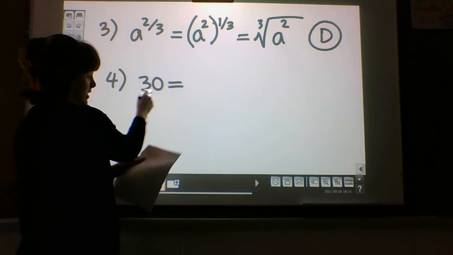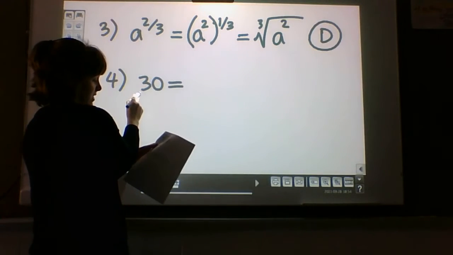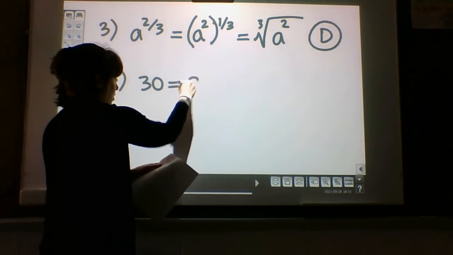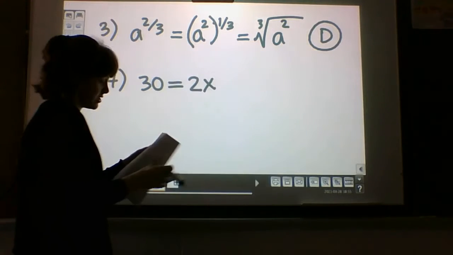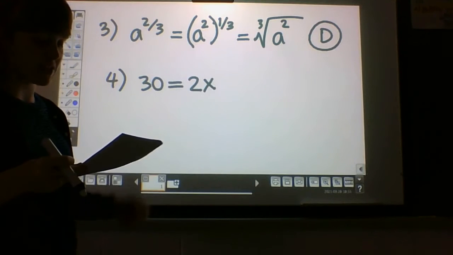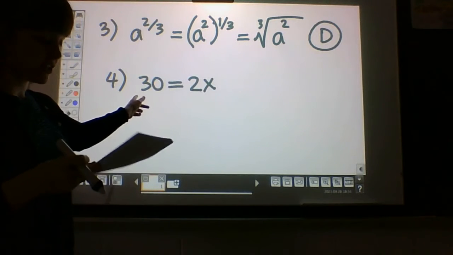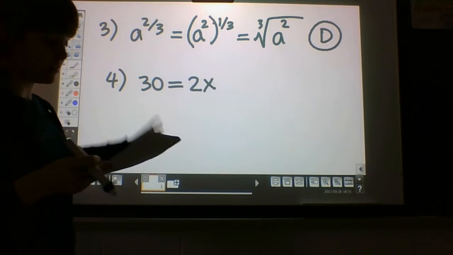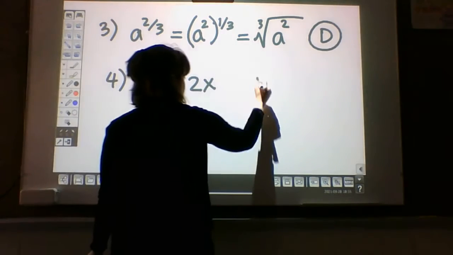So remember, the number of states that joined between 1776 and 1849, which is this 30, is going to be twice the amount that joined between 1850 and 1900. So our equation looks something like that, and the one that matches that of your choices is B. So number 4 is B.